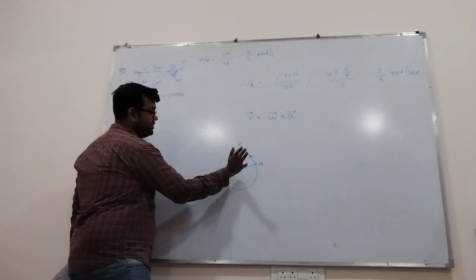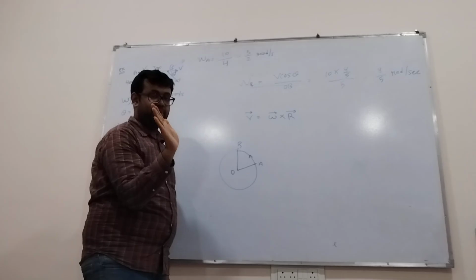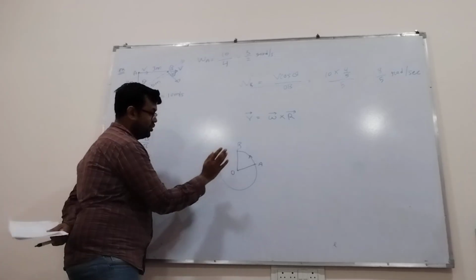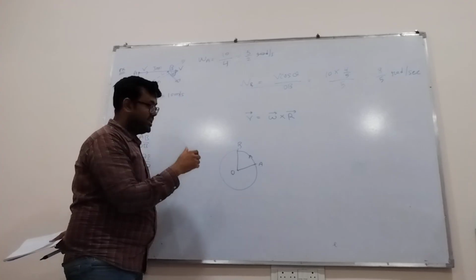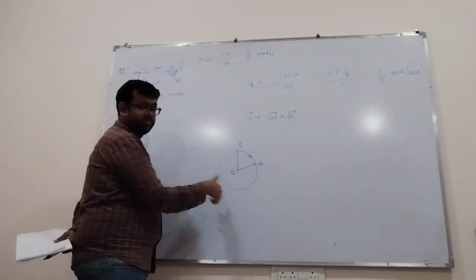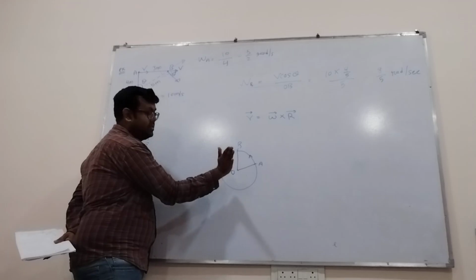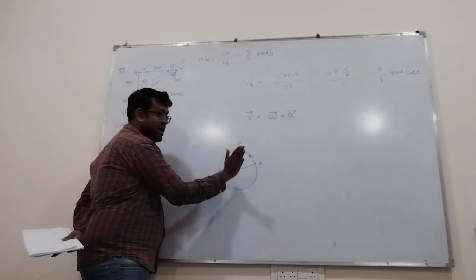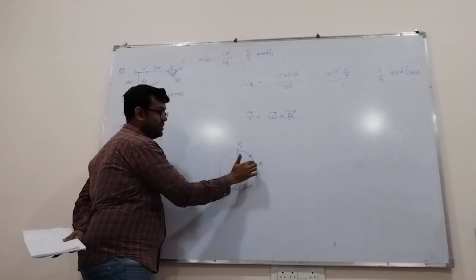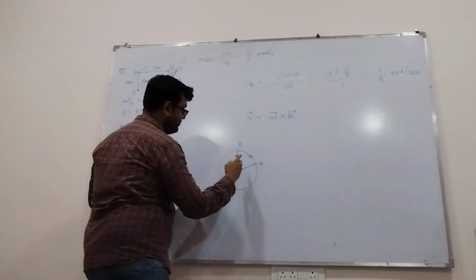We have to put our palm in the direction of the omega. The direction of omega is nothing but outward from this plane, that is the z direction. Then we have to move our palm in the direction of r. So OA is nothing but the radius of this circle.